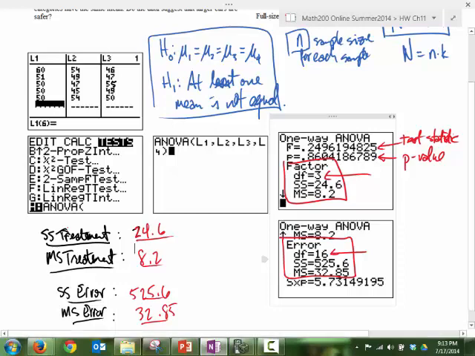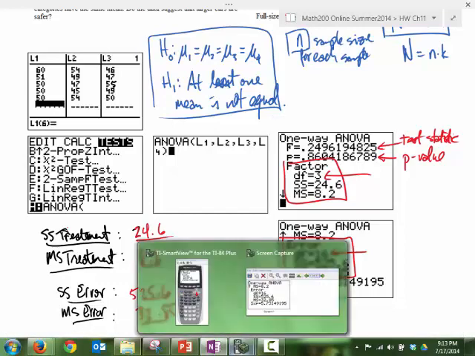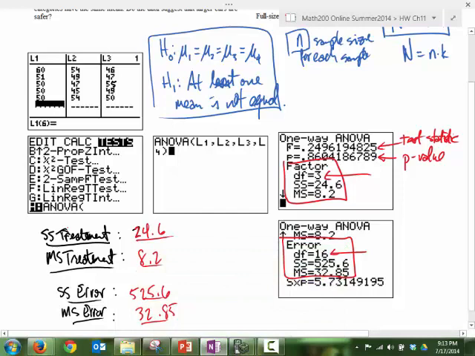And that's 5.73. All right. So all that aside, if we go back to the main part of the problem, our p-value is 0.86.